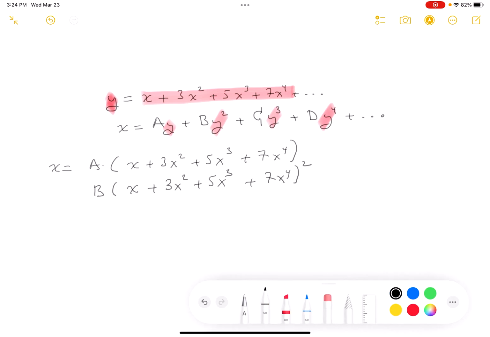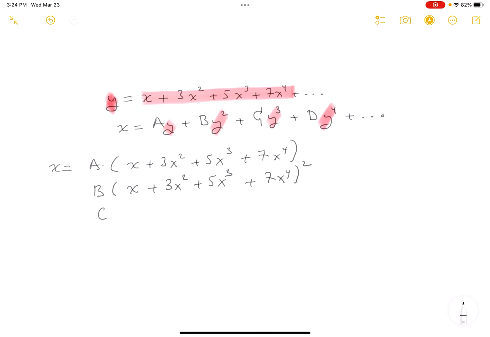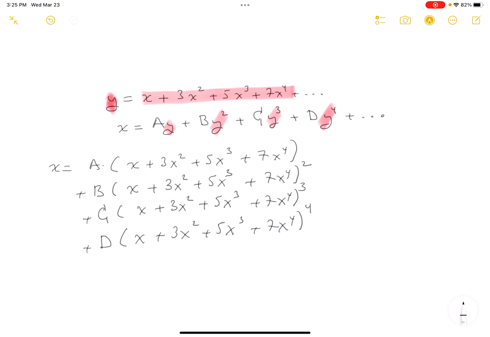That's what makes this a nightmare. Then c times (x plus 3x squared plus 5x cubed plus 7x^4) cubed. Oh, these are plus, I'm sorry. Then d times (x plus 3x squared plus 5x cubed plus 7x^4) to the 4th power.